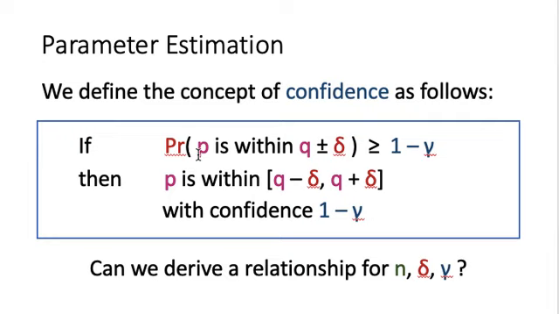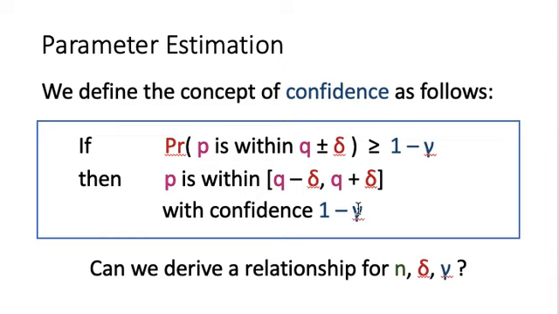Here we first define the concept of confidence as follows. If P is within the range of Q plus or minus delta with probability greater than or equal to 1 minus gamma, then we say that P is within this range, Q plus or minus delta, with confidence 1 minus gamma.